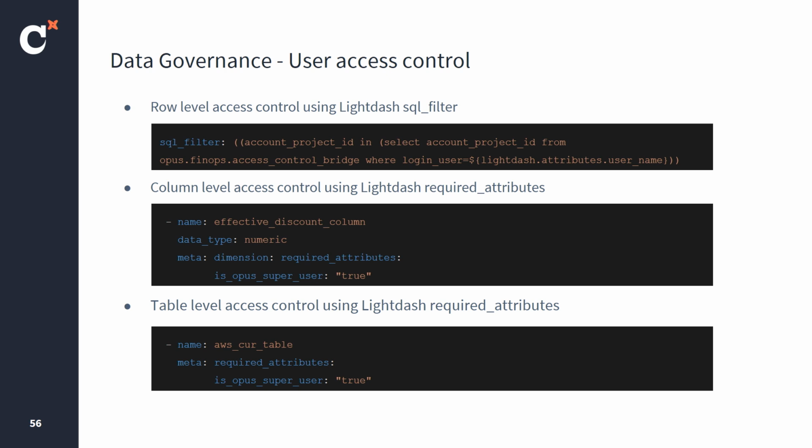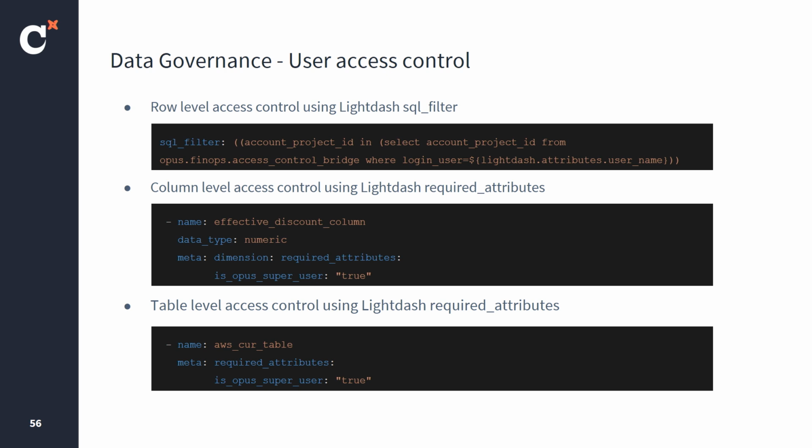So we have some detailed ways of how we do the validation against the user access control bridge that we have established. What users have to do is, on the column they want to define, just specify whether they want a user access control validation over that or not. Once they do that, a macro generating framework will pick up that detail and add the necessary SQL filters on top of it.